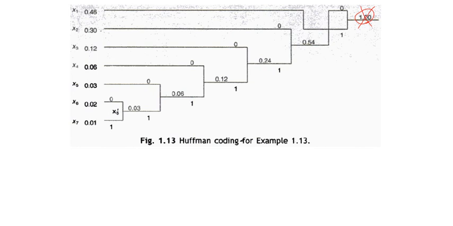So 0.46 is assigned binary 1. And 0.30 is 0. Now we don't have any link between this and this. The rightmost symbol is 0 and the next symbol is 0. So x2 is represented as 0 0.